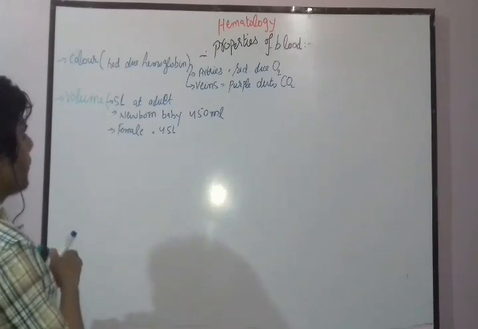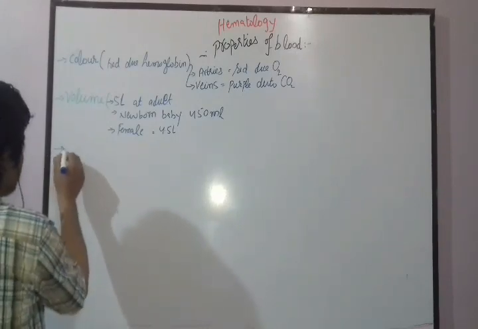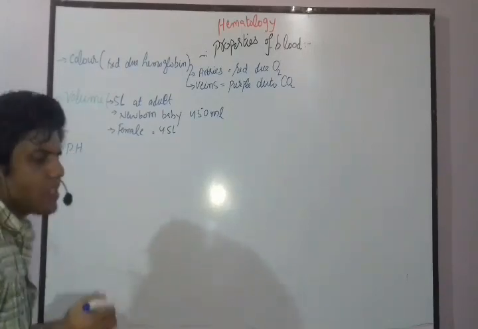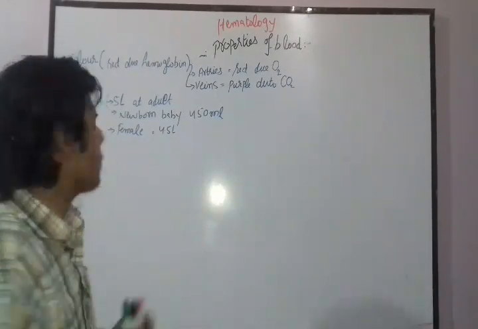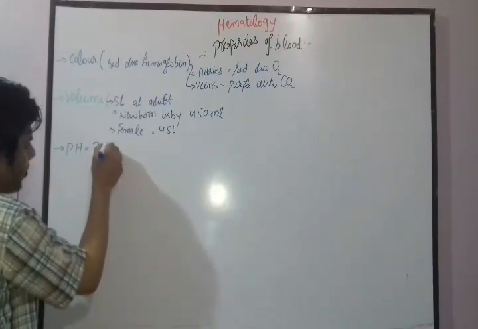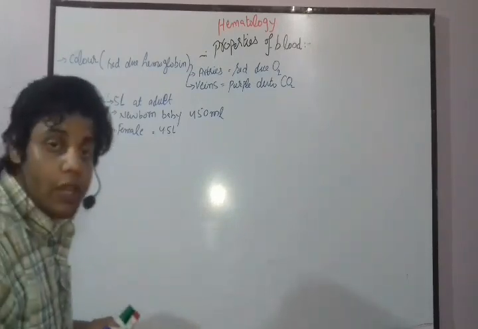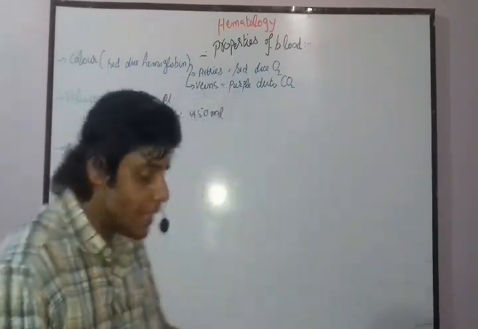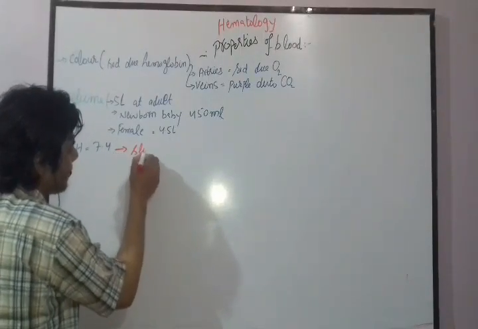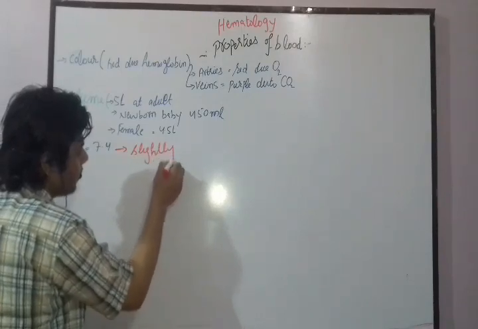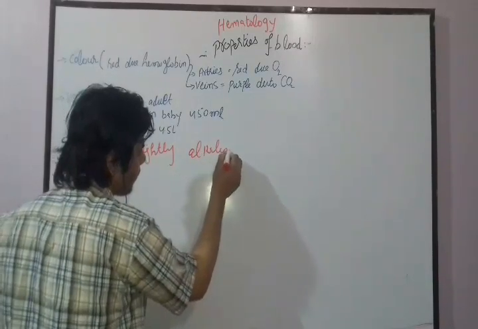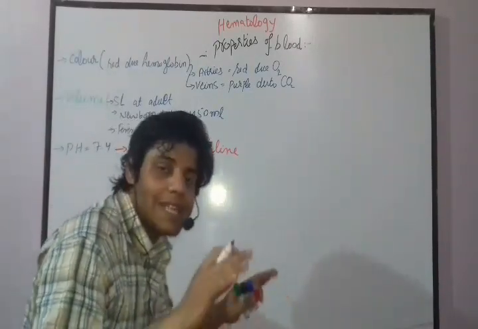The third property of the blood is about the pH. The pH of the blood is 7.4. It means that blood is slightly alkaline.